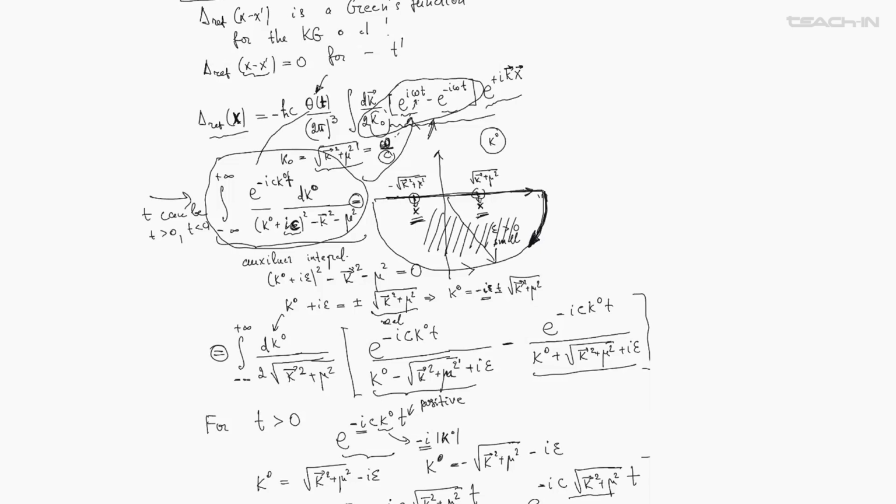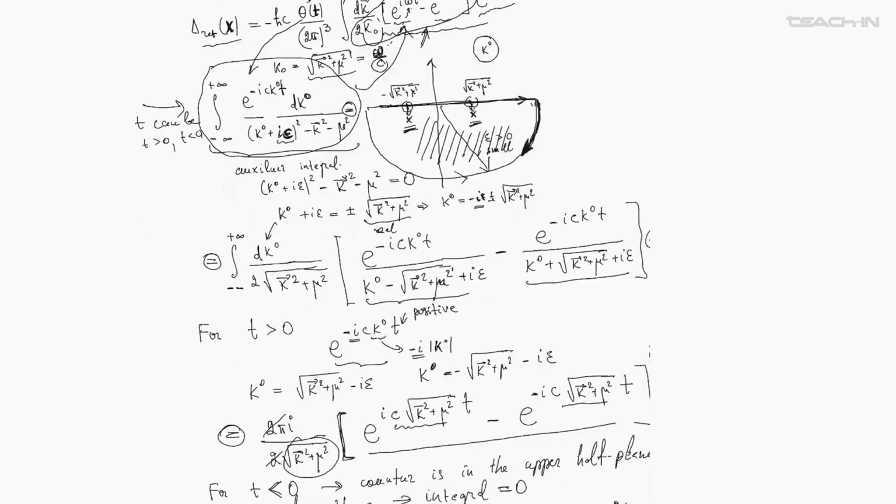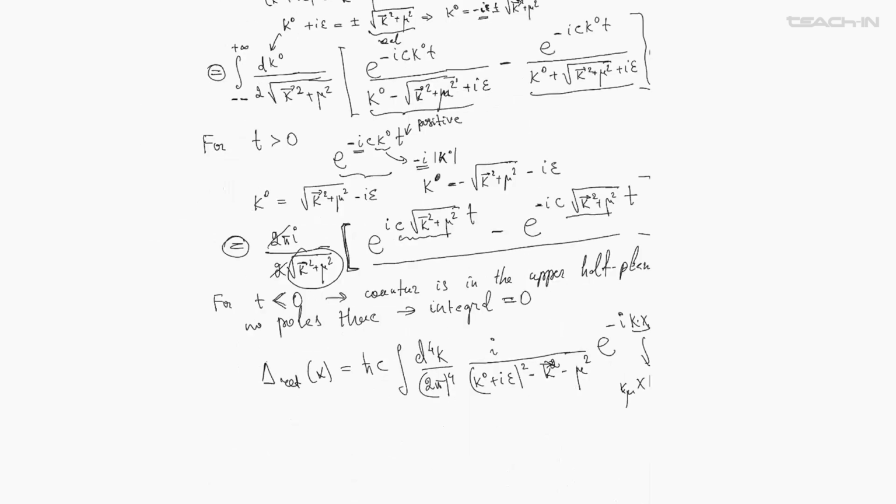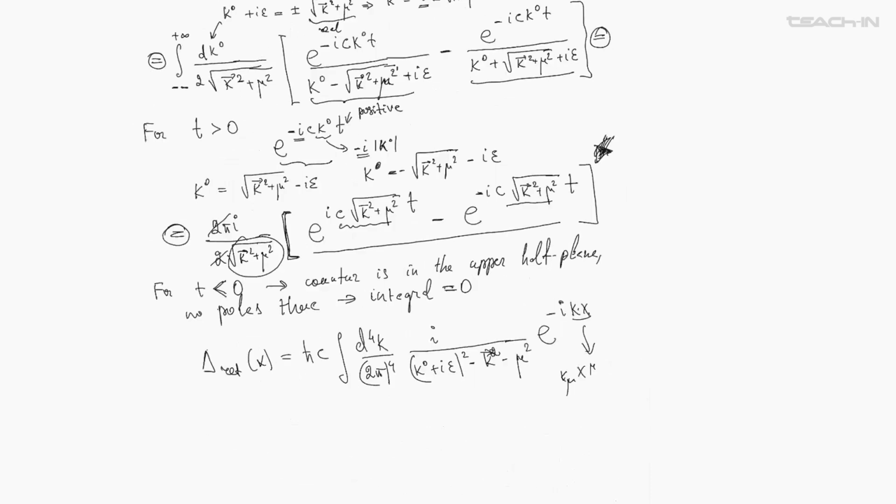So this means that I drop this theta function from the original delta ret, and instead, its property is taken by this i epsilon, which stands now in the final answer here.